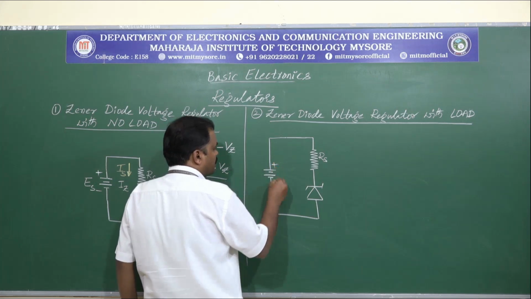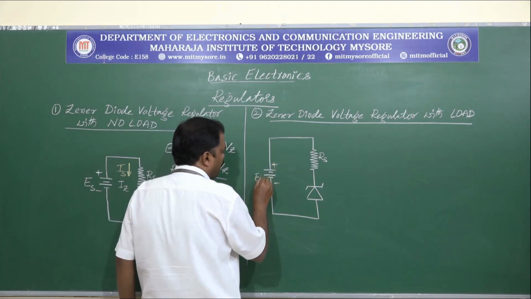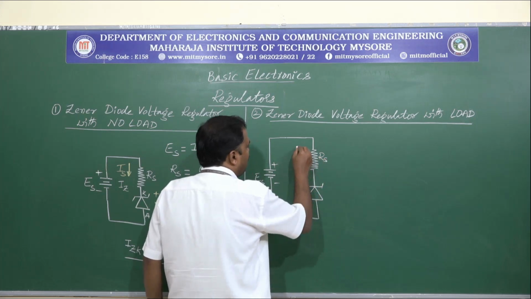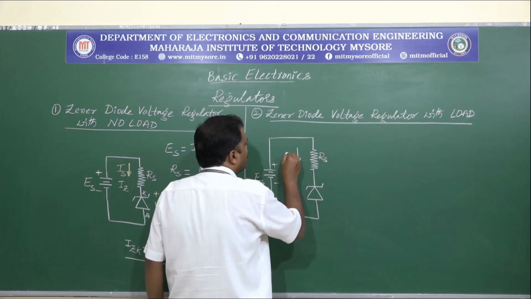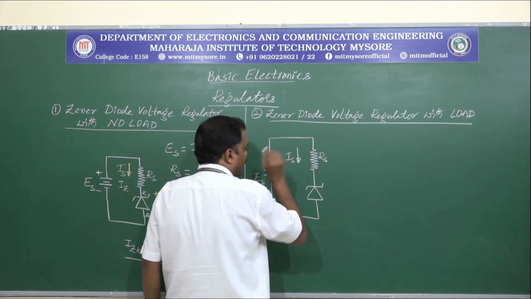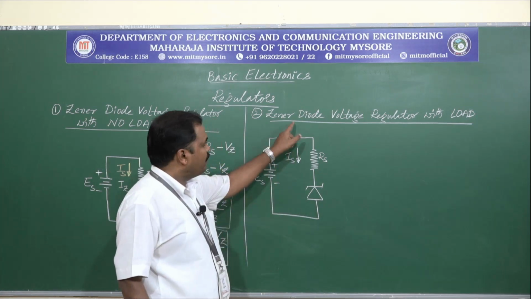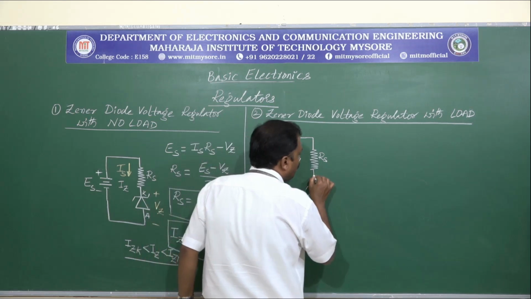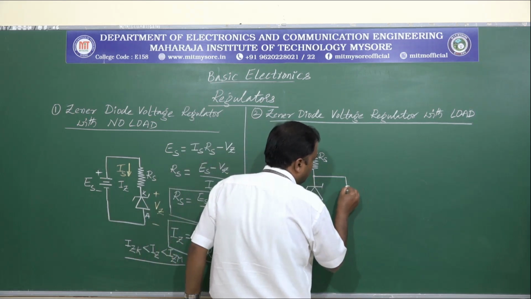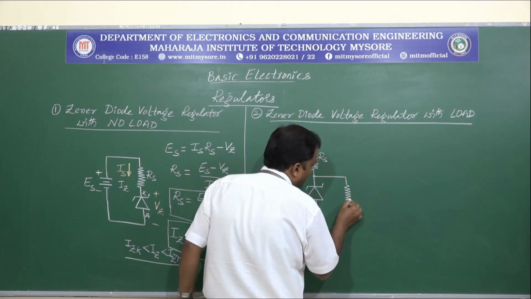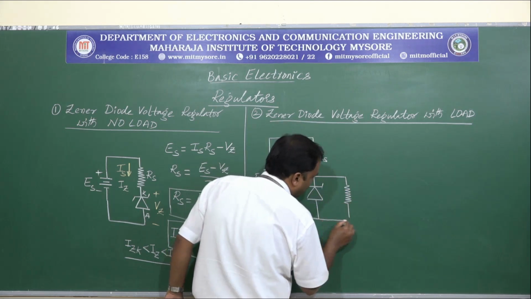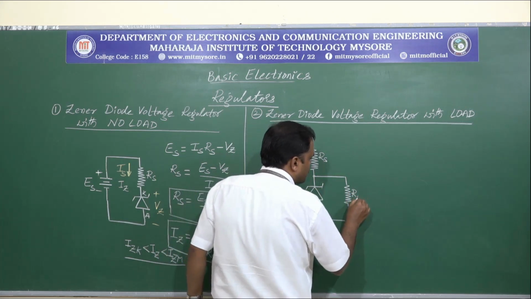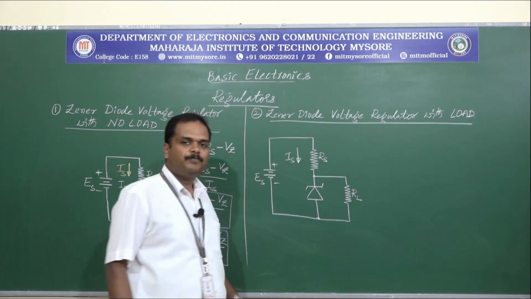So this is Es, this is Rs, and here comes the circuit current Is. Now, we need to consider a load. So let us connect a load across the Zener. So let us say this is RL.